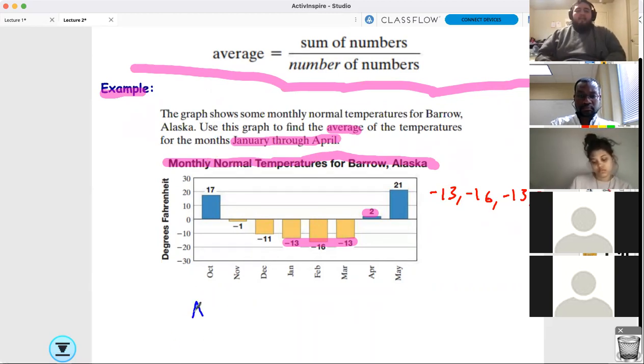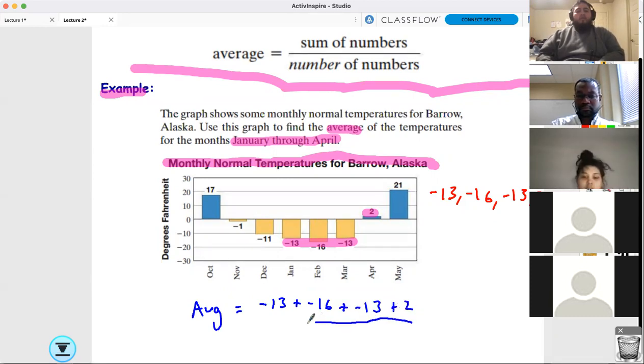To find the average, they want us to add up all of these numbers. So it'll be -13 plus -16 plus -13 plus 2 over the number of numbers. How many different numbers are we adding? 1, 2, 3, 4. So 4 is going to be on the bottom.